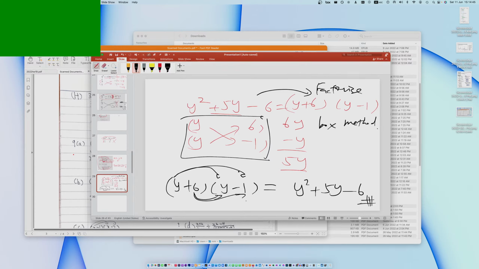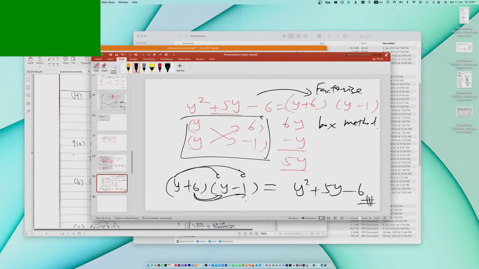So I'm showing you factorization and expansion. They are the opposite of each other. If you factorize, you get bracket times bracket. If you are given the bracket times bracket, you expand it, you will get back the original. I want to train you to do left to right and right to left as well. Understand?